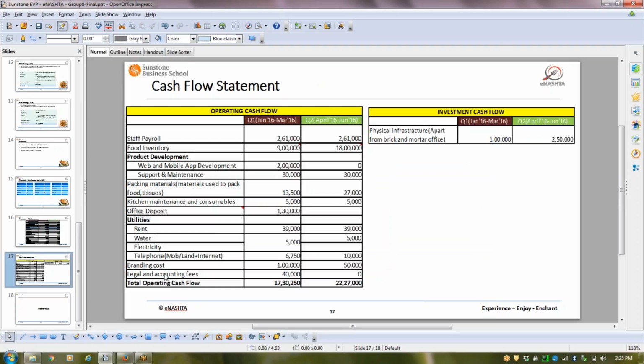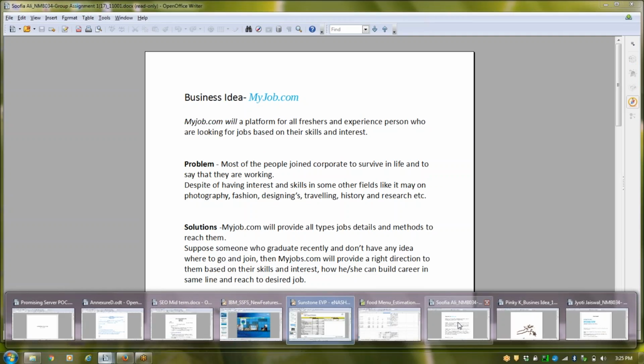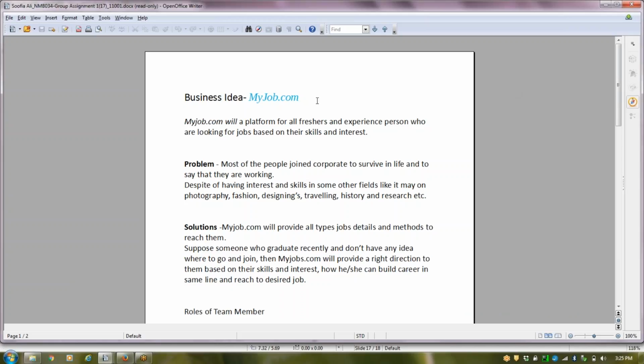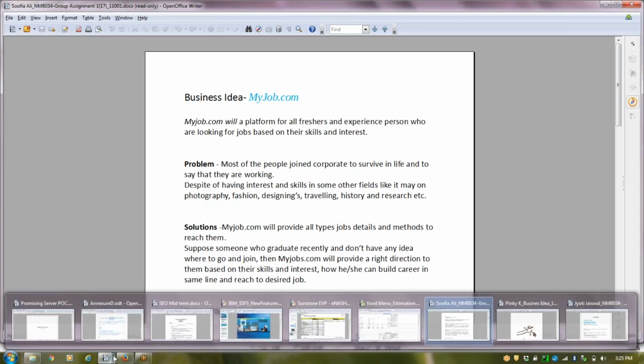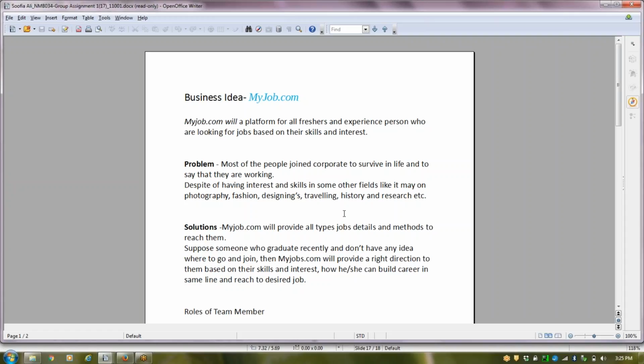Okay. So now we'll come back to the submissions that we had. So from Sophia Lee. So I think this is one group which has presented the submissions. This is from Sophia, Pinky and Jyoti. So these three people have submitted, and they have given a fair description about their idea and how they intend to solve it.